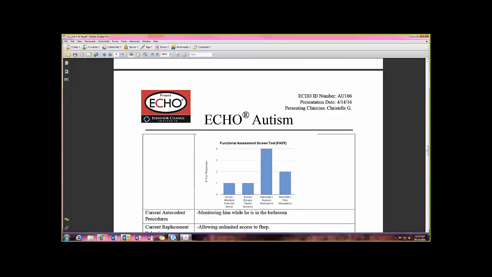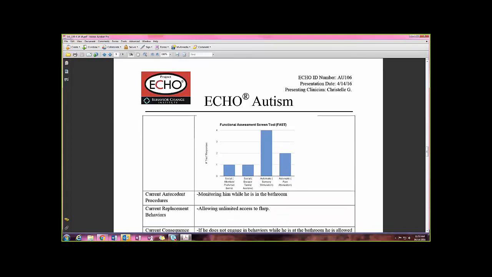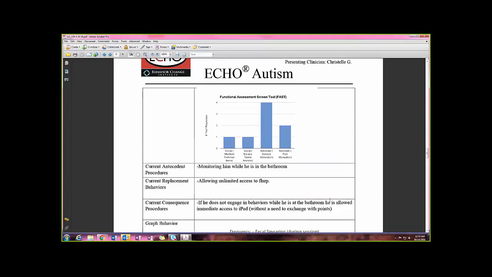My initial recommendation to the family when this barely started was that we were going to monitor the frequency of it, based on what we could observe, and I highly recommended that they go see a GI doctor, make an appointment to make sure that health-wise everything was fine.